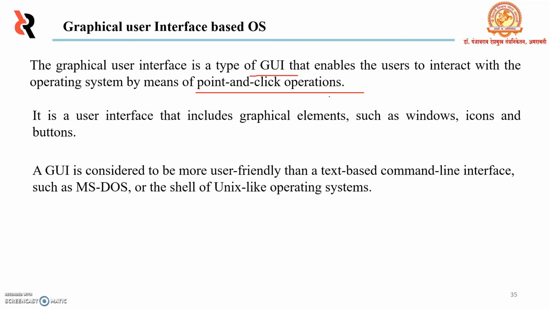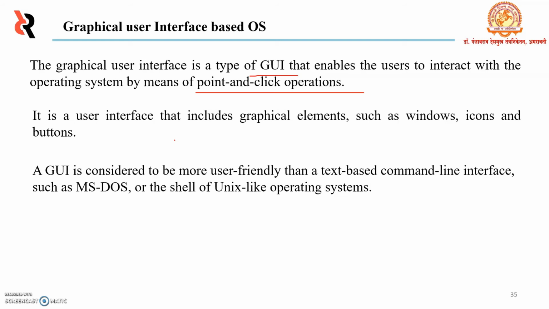The graphical icons can be manipulated by the users using a suitable pointing device such as a mouse, trackball, touchscreen, and light pen. Other input devices like a keyboard can also be used to manipulate these graphical icons.